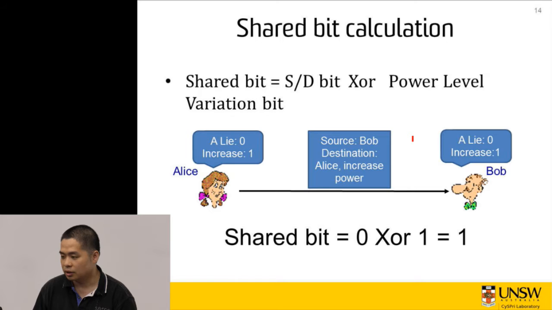Bob will receive this packet and interpret it as 0 and 1 from Alex.